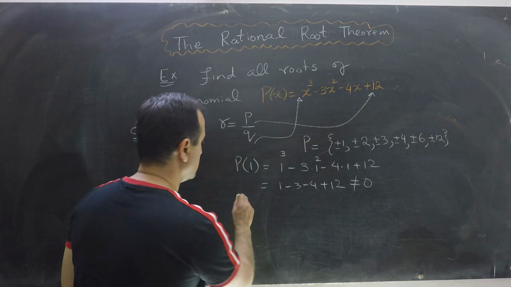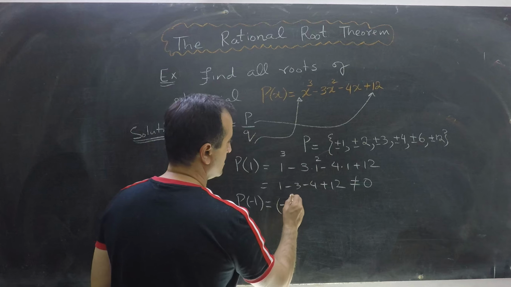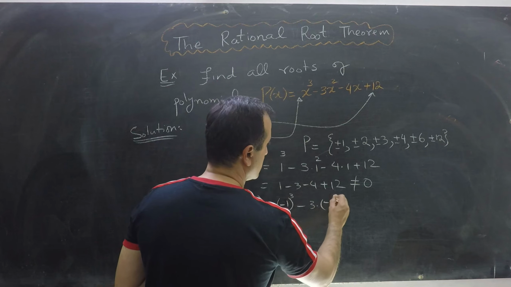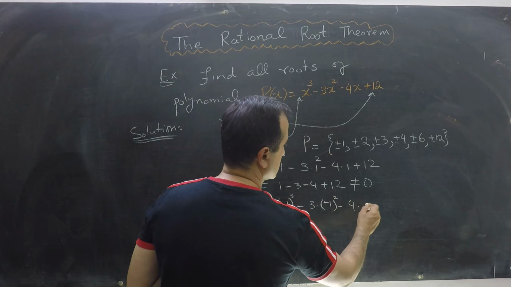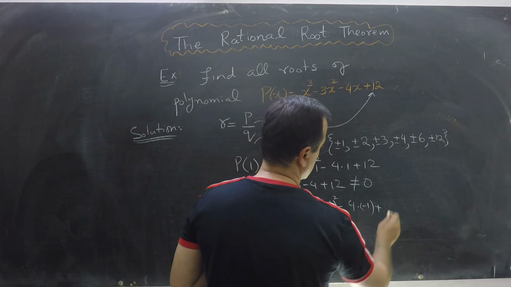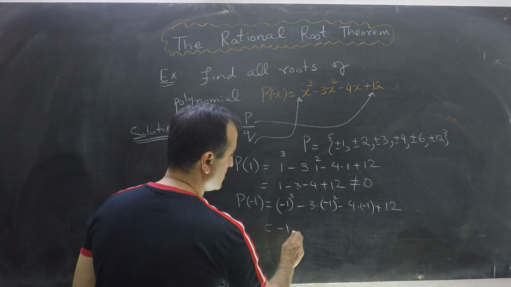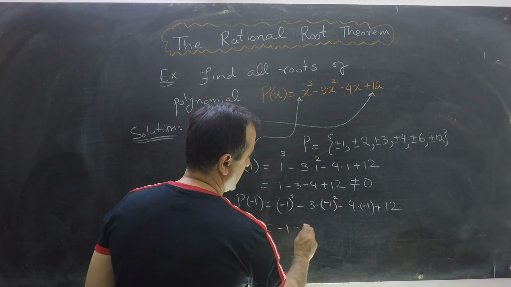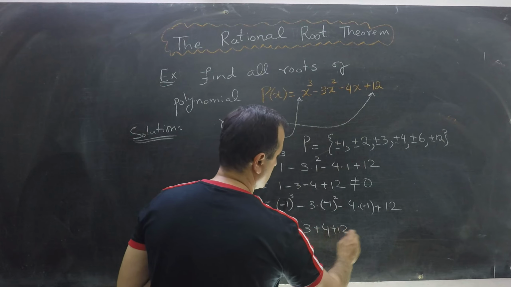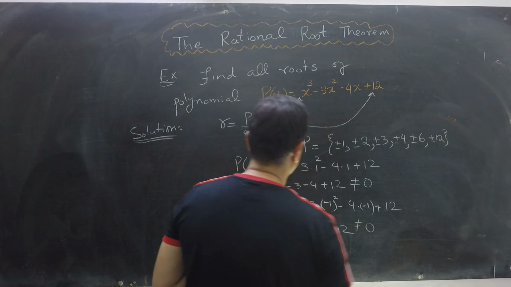Now let's try minus 1. (-1)^3 - 3(-1)^2 - 4(-1) + 12. This will be equal to -1 - 3 + 4 + 12. And this also is not equal to 0.